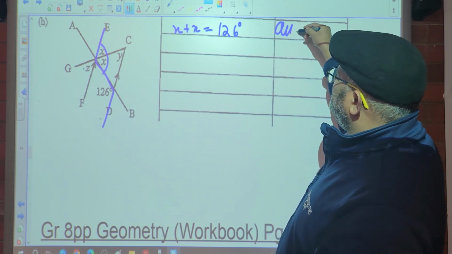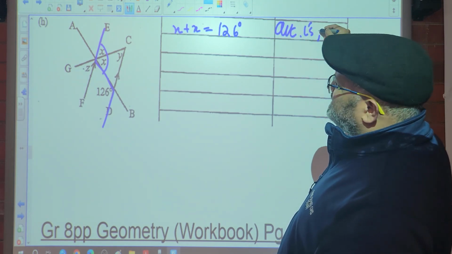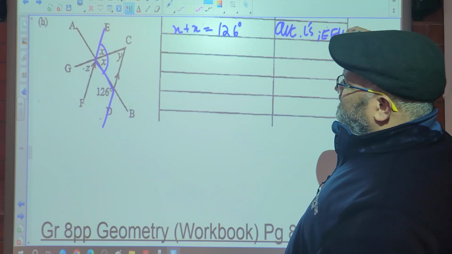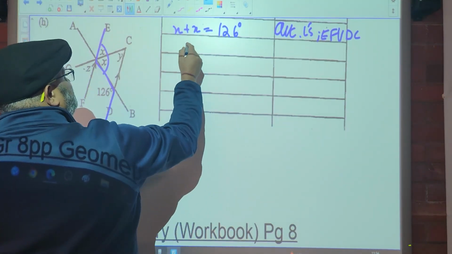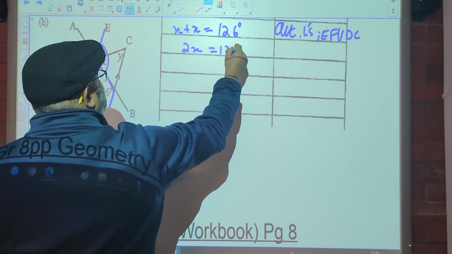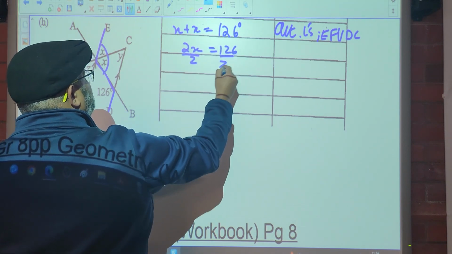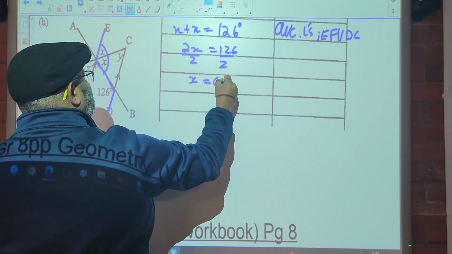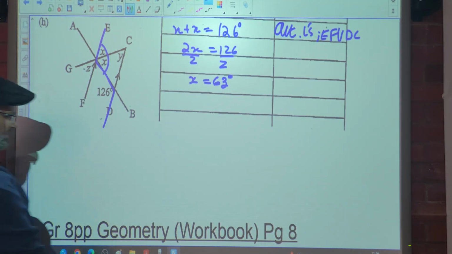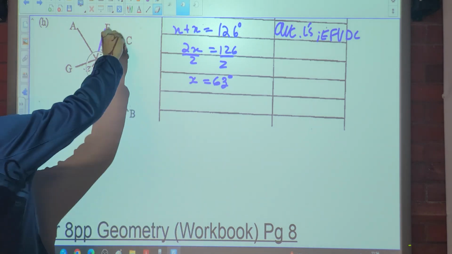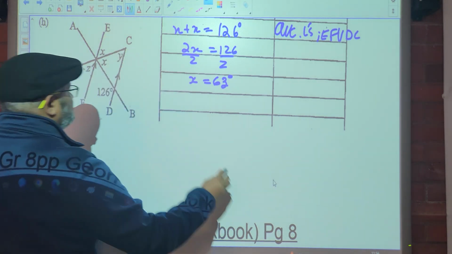The reason is alternate angles with EF being parallel to DC. What's X plus X? 2X. Divided by 2 both sides. So X is 60, which means each of those X's is 60.